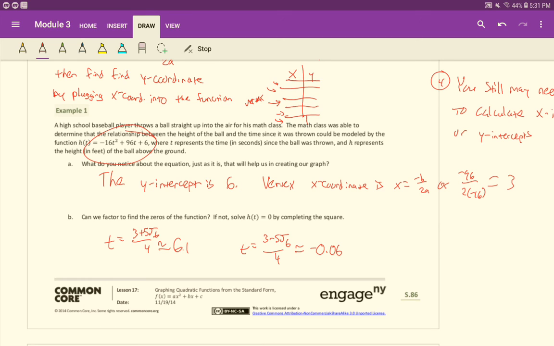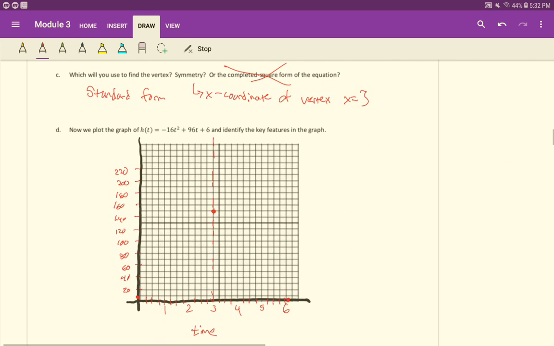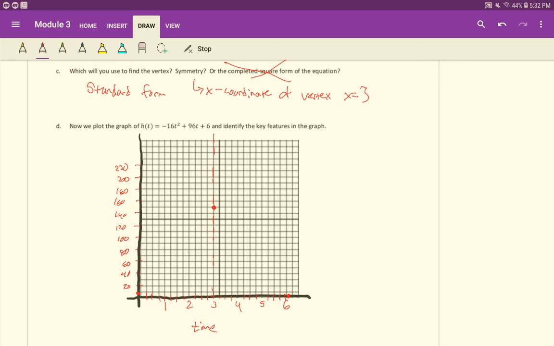So I plug in 1 for t. We'll get negative 16 plus 96 plus 6, which is 86. So 1, 86. There's 80, 90, so 86 will be right there.